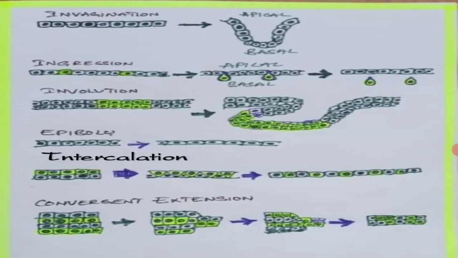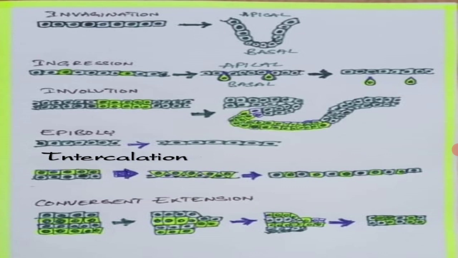And here you can see the diagrammatic representation of the different morphogenetic movements. So here you can see the invagination, what is happening. The cells are just going inward. And in ingression, you can see the apical and basal cell, how they migrate with respect to each other. And in involution, how it is taking a turn. Epiboly is nothing but the thinning of the cell, no doubt, but at the same time it is resulting in the expansion or else the increase in the cell surface area.